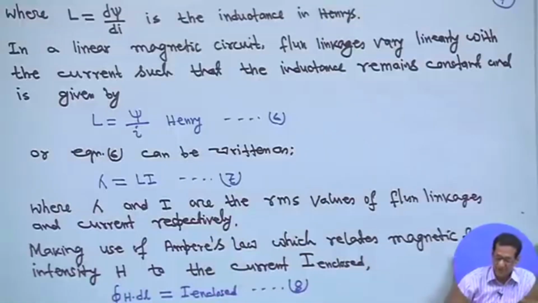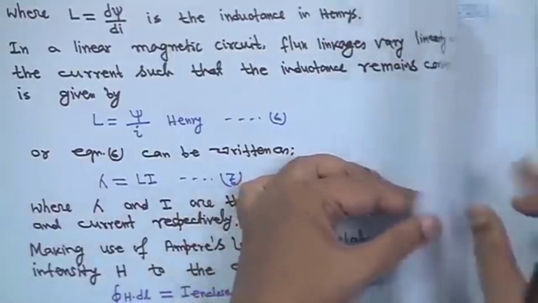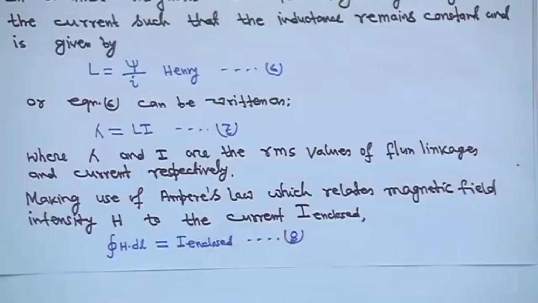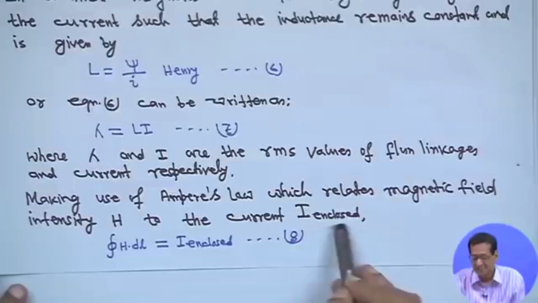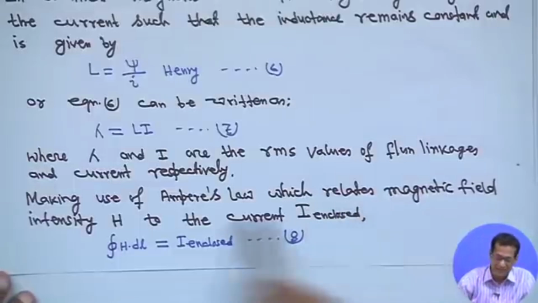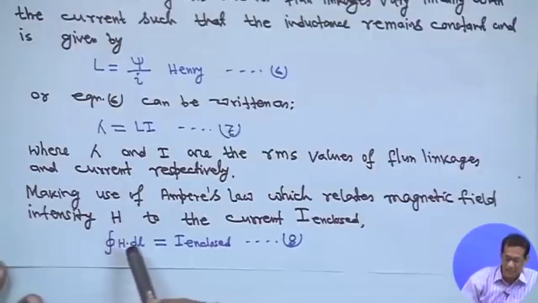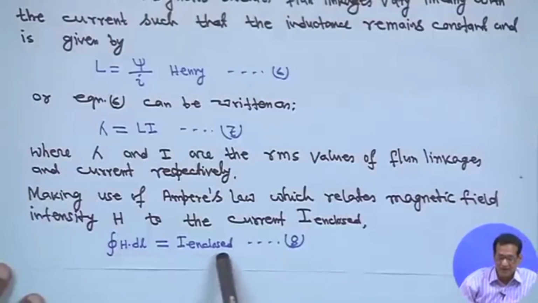Making use of Ampere's law, which relates magnetic field intensity H to the current enclosed, I enclosed, the loop integral of H into dl is equal to I enclosed.